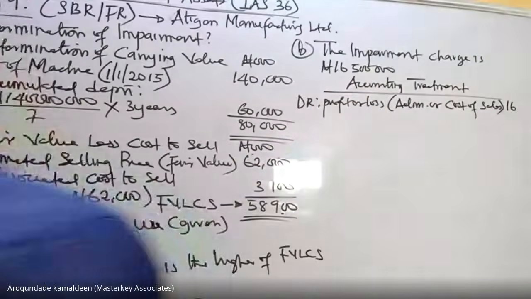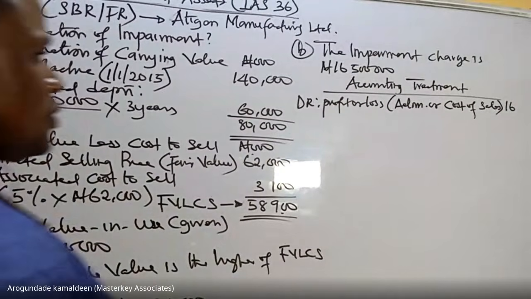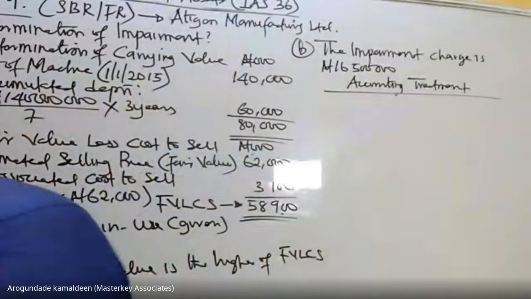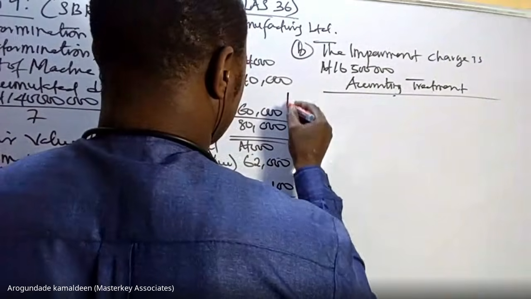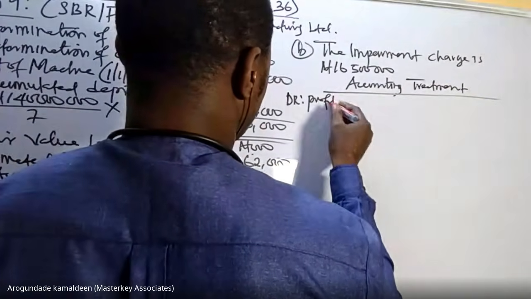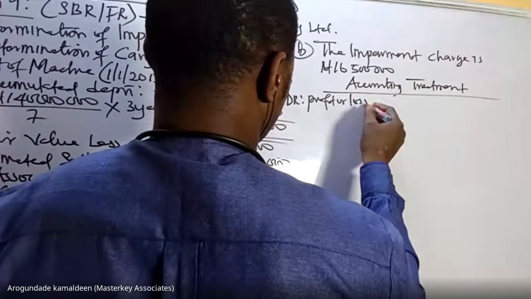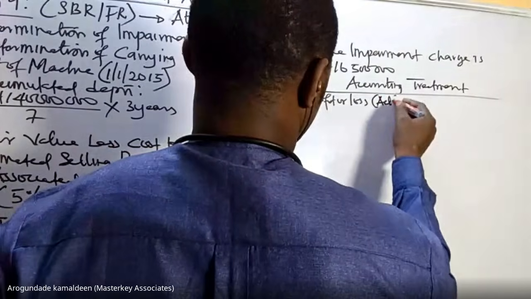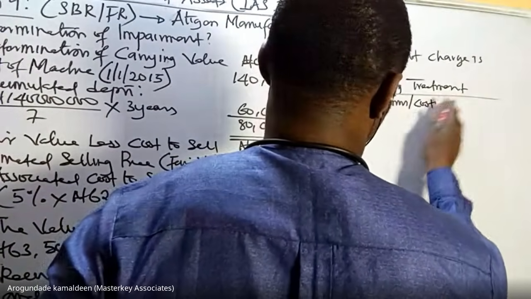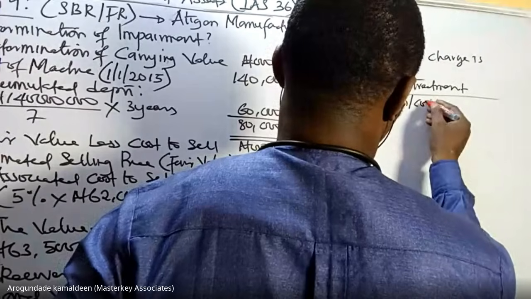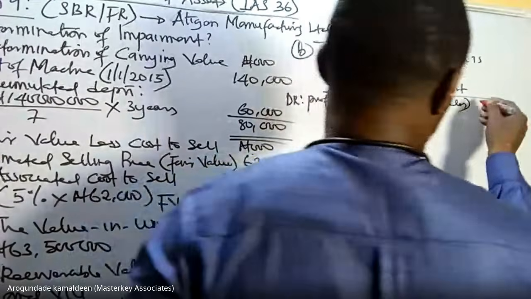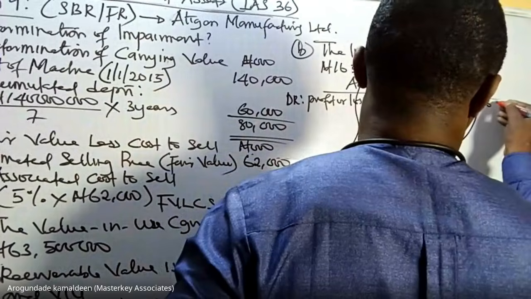Let me help you so that it can contain that place. Debit your profit or loss, the admin or the cost of sales, debit 16.5.